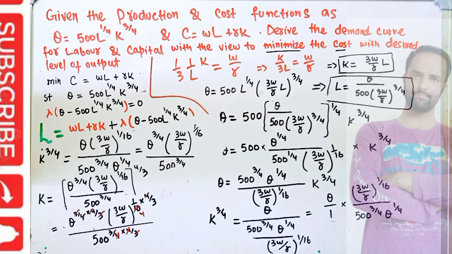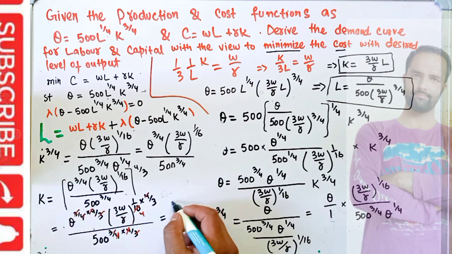Let me see here if I have made some kind of mistake in solving this. I should get 1 upon 4, but I am getting, how did it happen here? Let me write it first here.